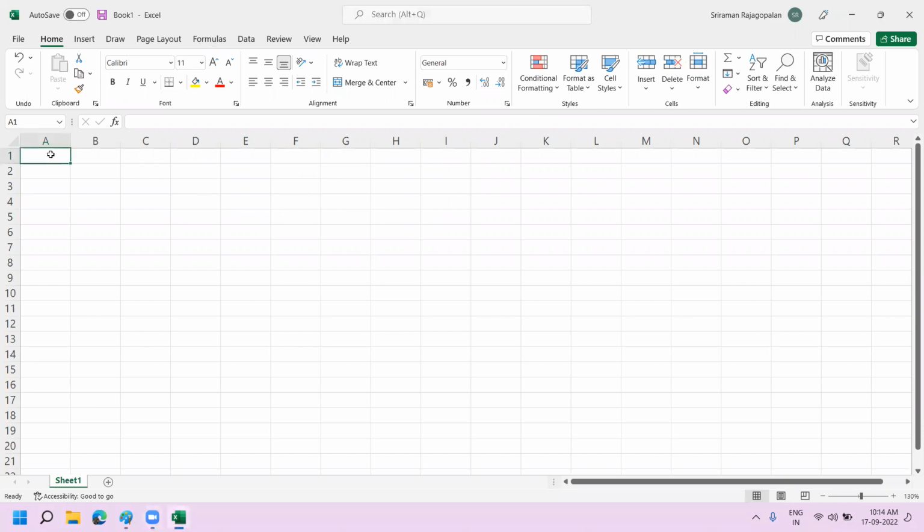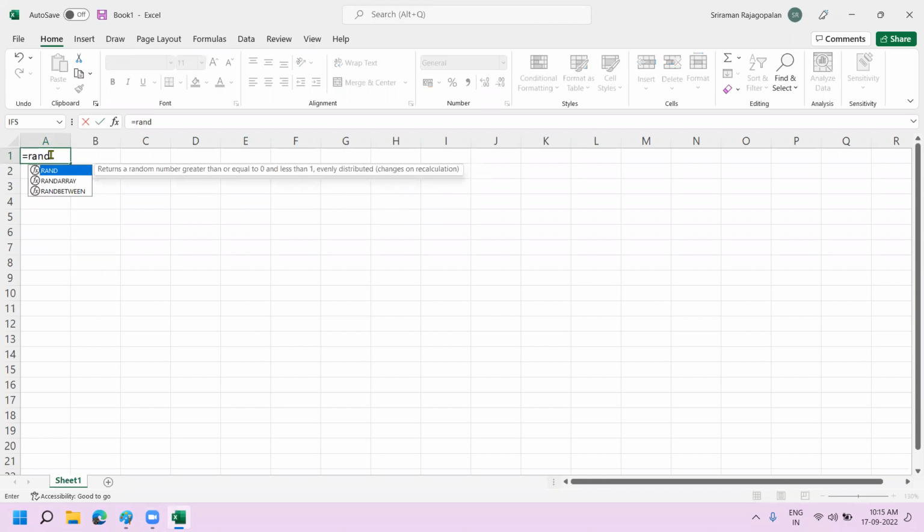Are you all familiar with Excel, basic Excel? Everyone? Okay, good. So we'll generate some data points, some 50 to 60 points. There is a function called RANDARRAY.